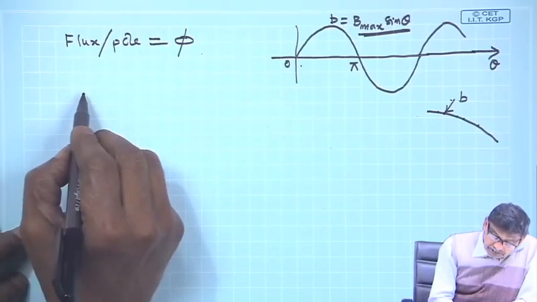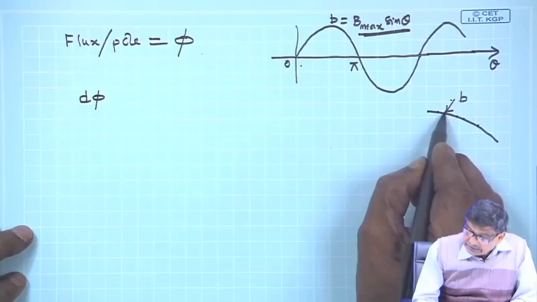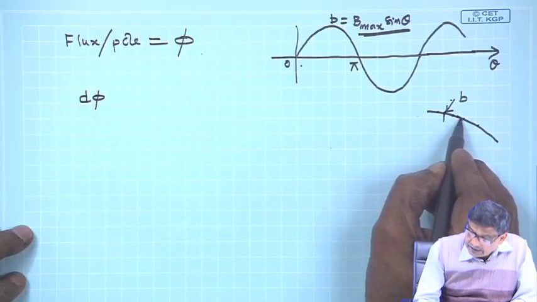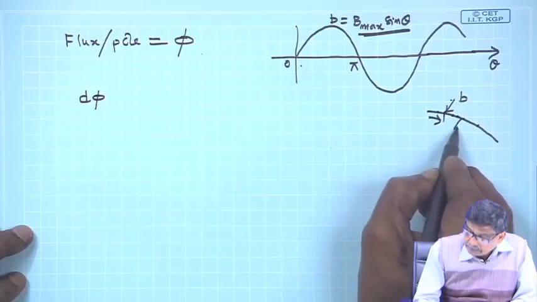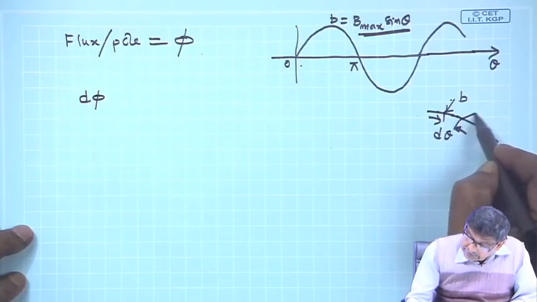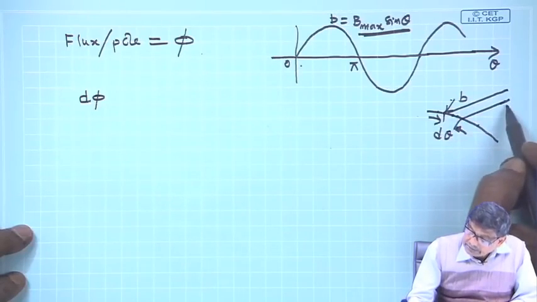So we will first calculate d phi at a distance theta. I will consider an angle d theta, and this is the length of the machine, mind you, the active length.